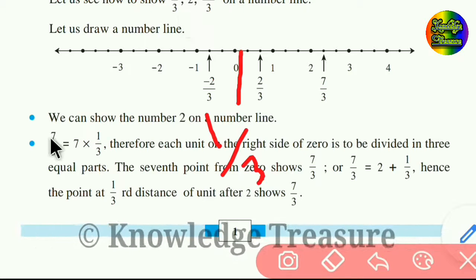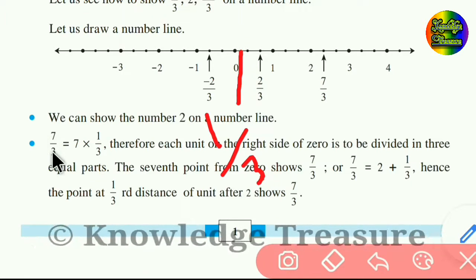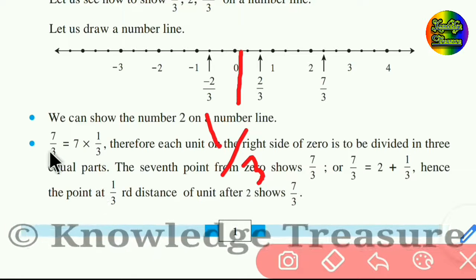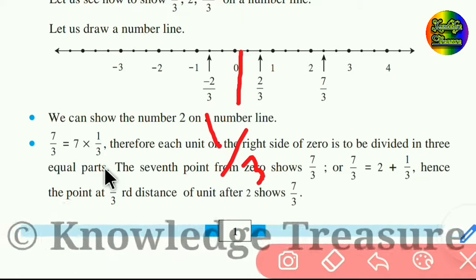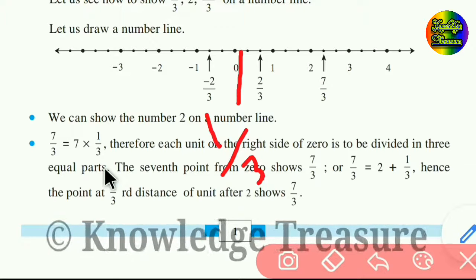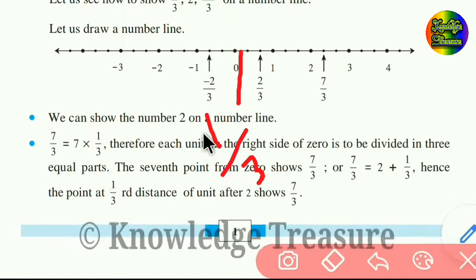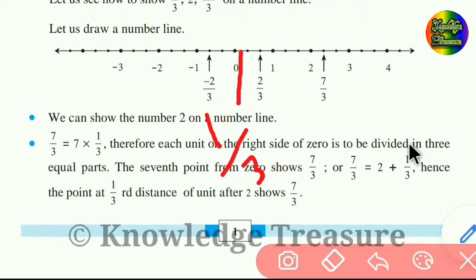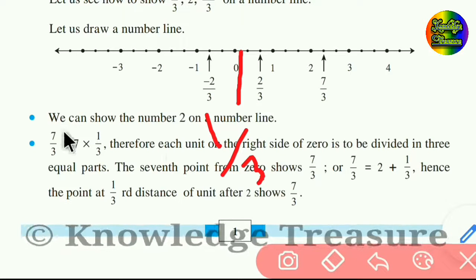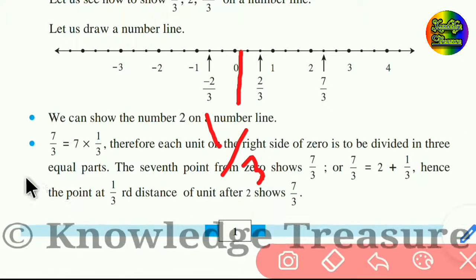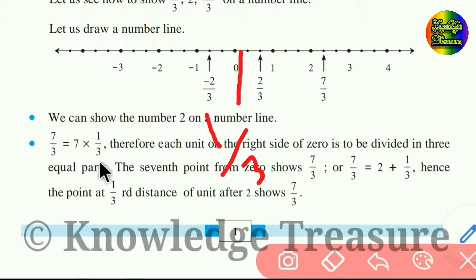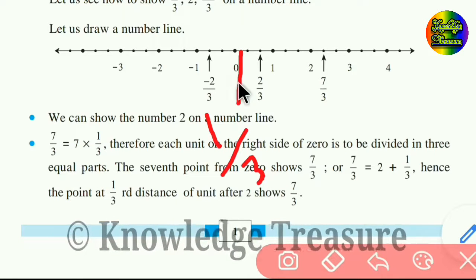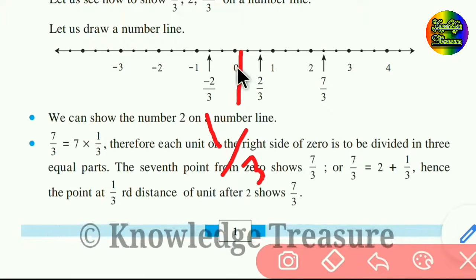Step number 5. We'll say 7/3 is nothing but 7 into 1/3. So, the 7th point from the right side of 0 shows 7/3. How many points? 7 points. We have to count 7 points from 0.